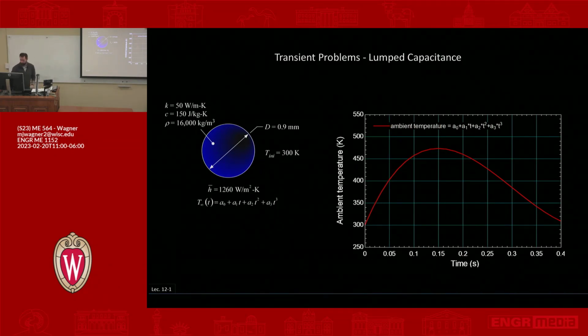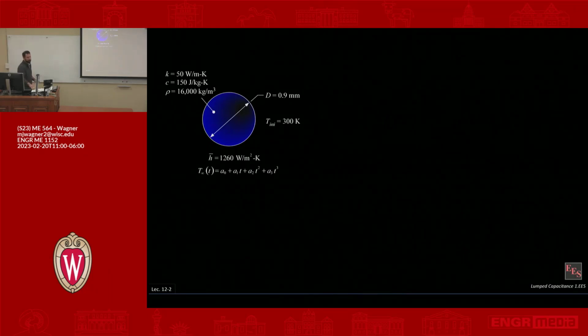Okay, so how do we go about solving this type of problem? So there's a couple conceptual things that we're going to need to do first. To solve this problem, I mentioned the idea of lumped capacitance.